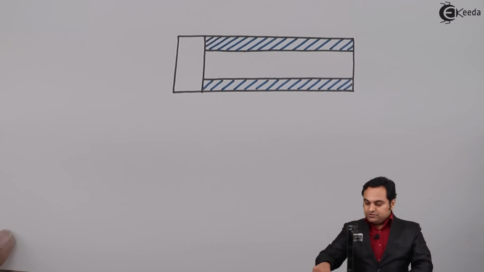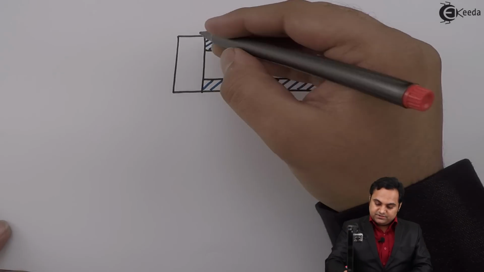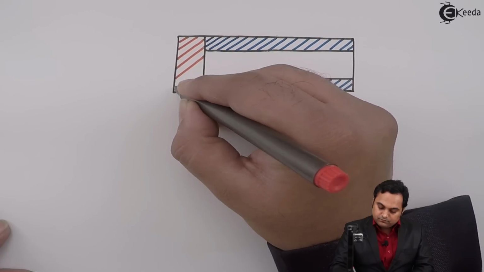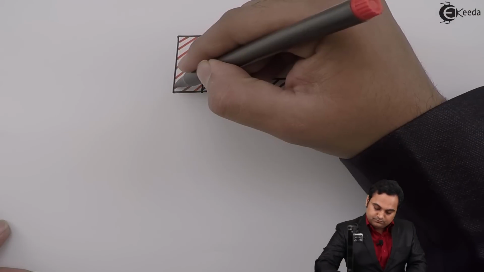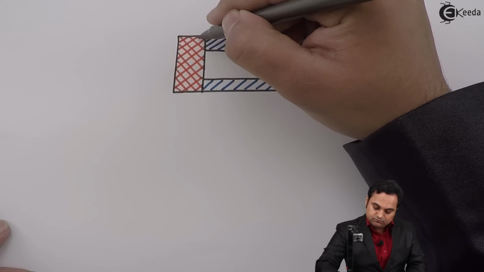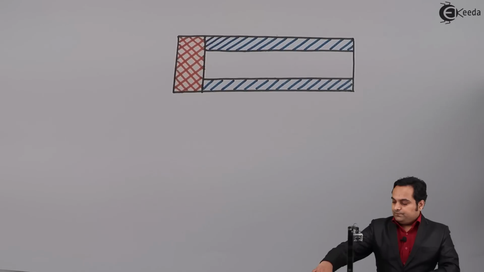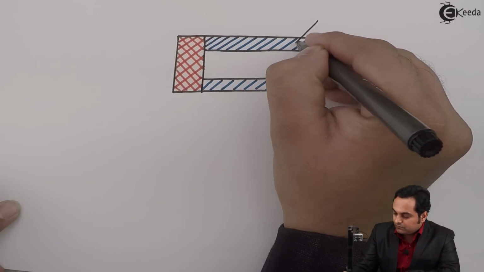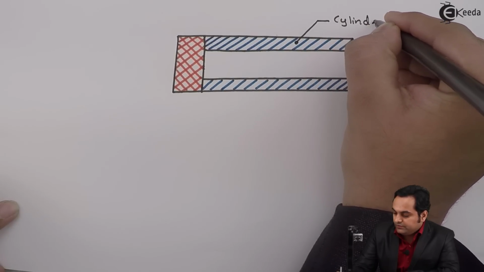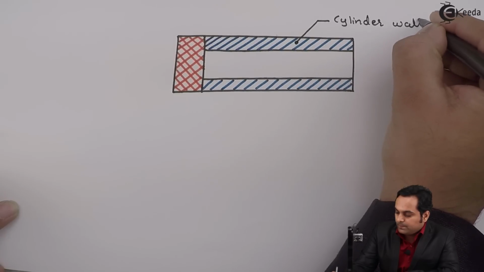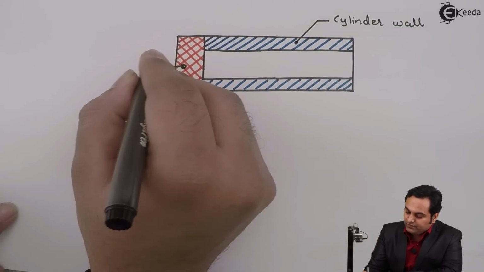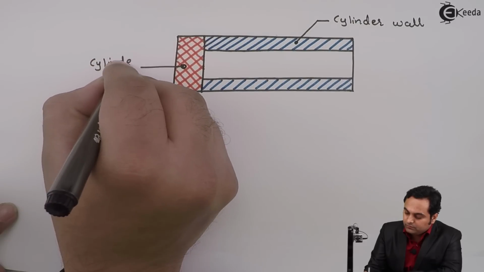These are the cylinder walls, and this is the cylinder head. Now, this is the cylinder wall, and here we have the cylinder head.